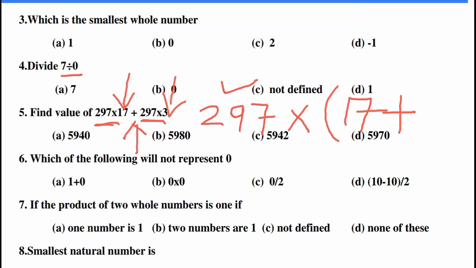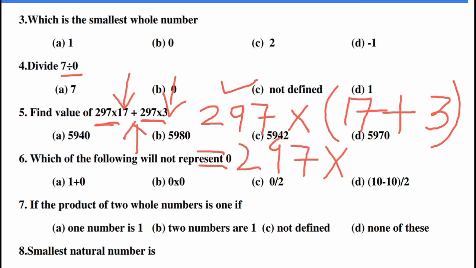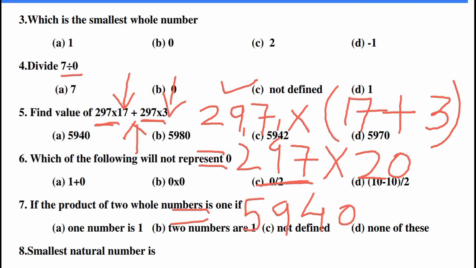Then what is left in this term? It is 3. Now we can easily multiply. 297 multiplied by 17 plus 3, which is equal to 20. We multiply this number by 20, and here it is 5940, and it is given in option A.